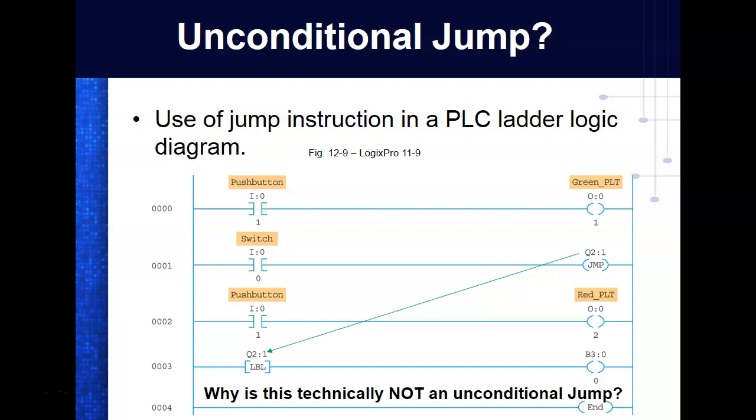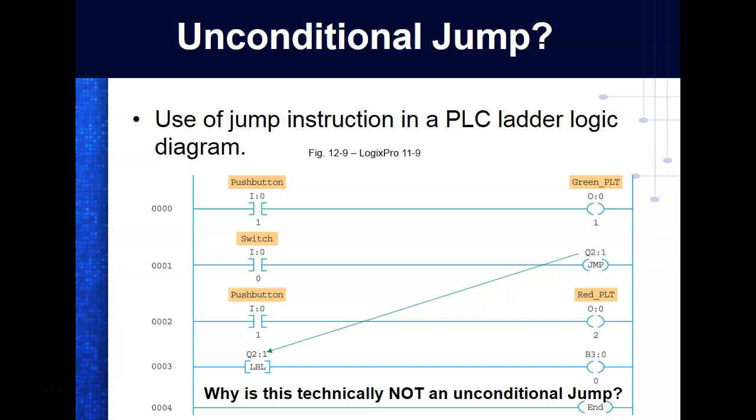If this contact's not closed, it'll go 0, 1, 2, 3, 4, 0, 1, 2, 3, 4, 0, 1, 2, 3. You close this contact, it'll go 0, 1, 3. It'll skip over what? Run it. But the address of your jump, so not the address, the number of your jump and the number of your label have to match where you want it to go to.